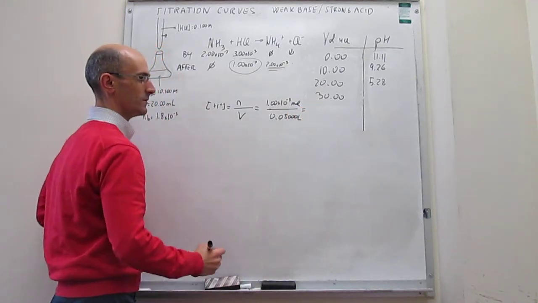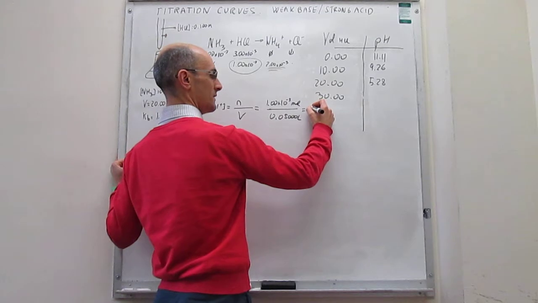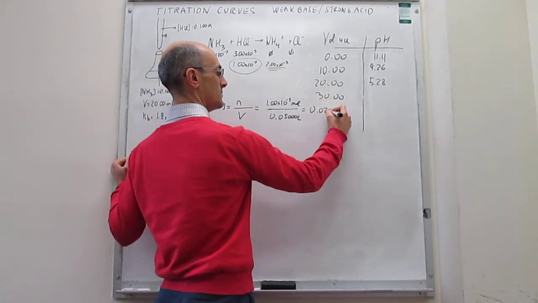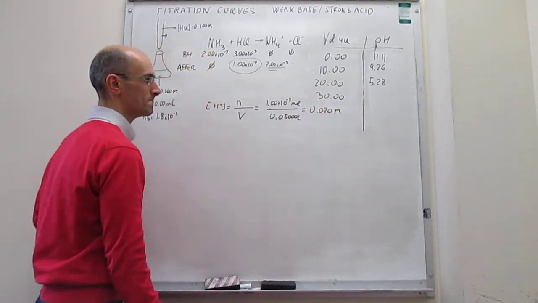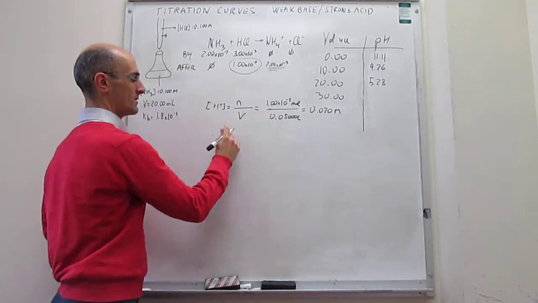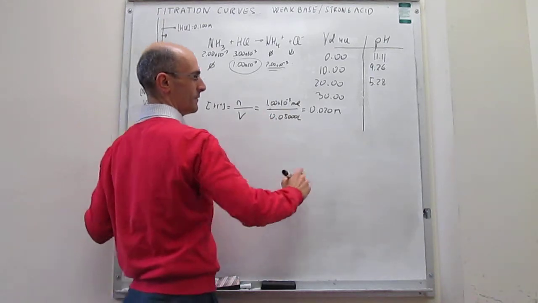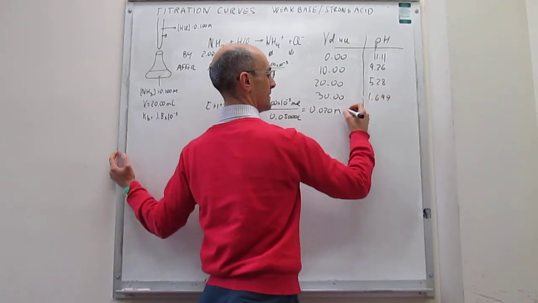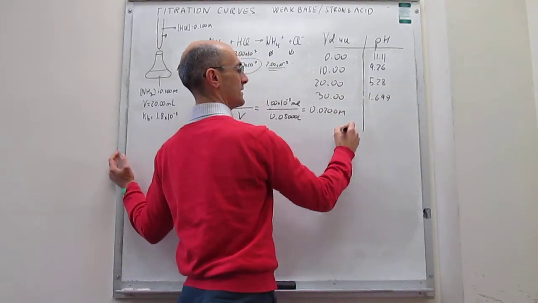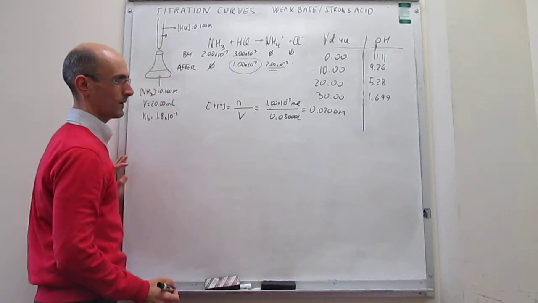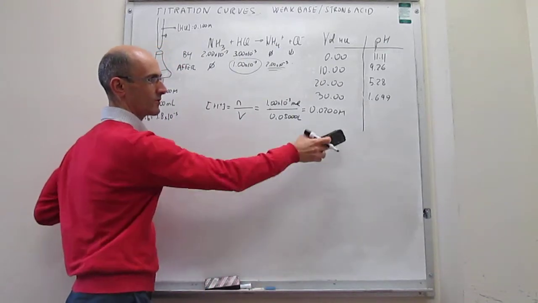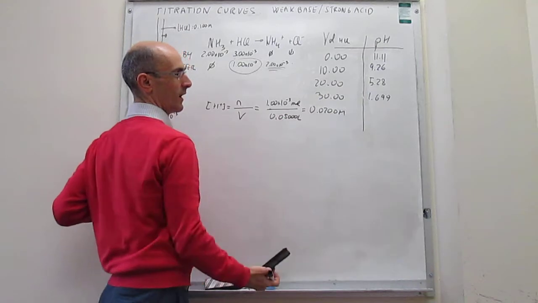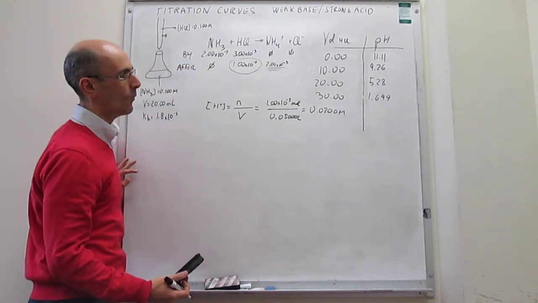So that is going to give you a concentration of 0.02 molar. And then for the pH, you just take the minus base-10 logarithm of that number, and you get 1.699, where you have 3 significant figures. So clearly the pH continues to drop, and it does so very steeply once you get past the equivalence point.